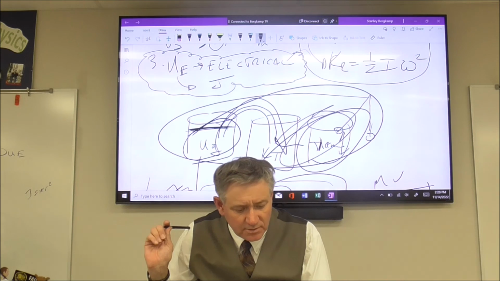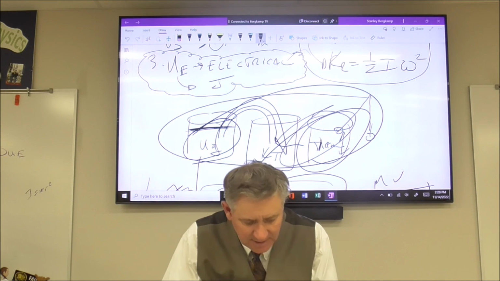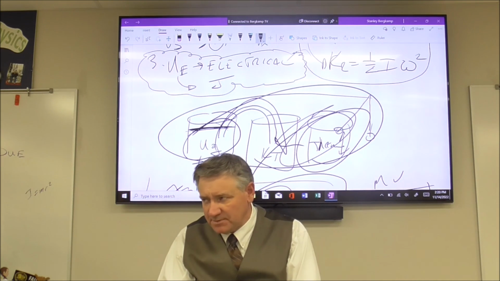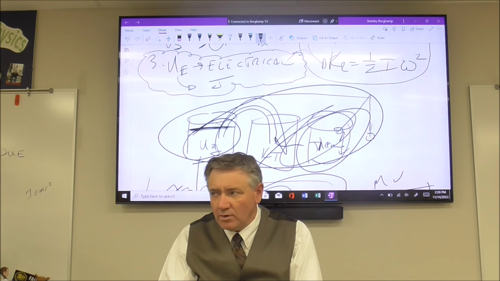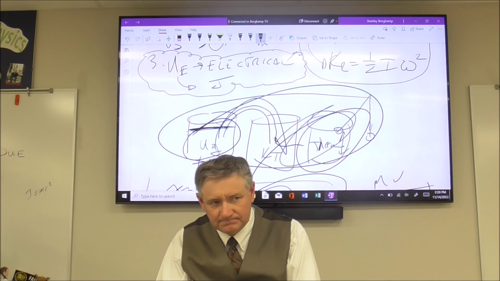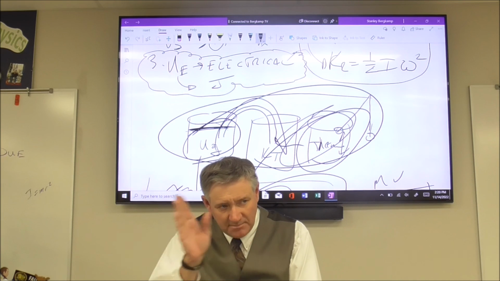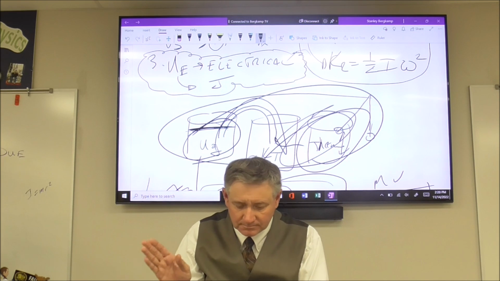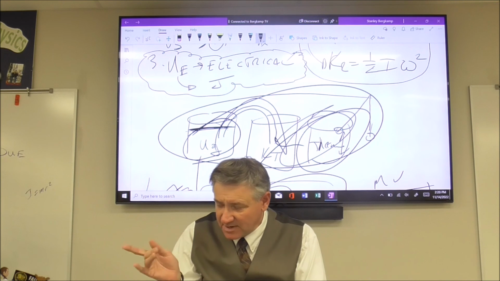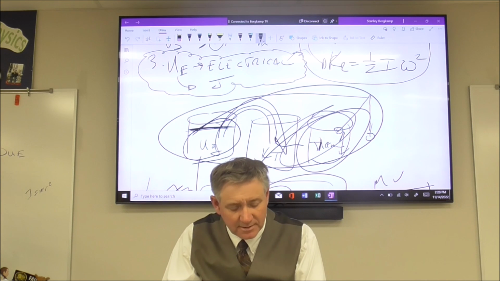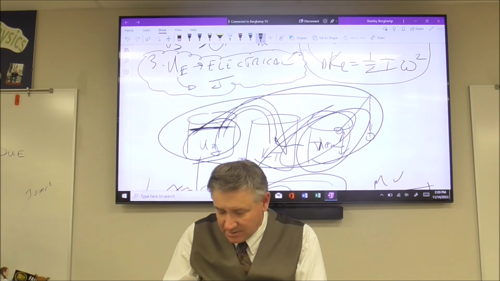When you get to number 10, there's a couple of ways you can do it. You can go old school, F equals ma, and then roll that into your kinematic equations. But at the end of the day, you have to figure out how fast the ball is moving, because you want to find kinetic energy.